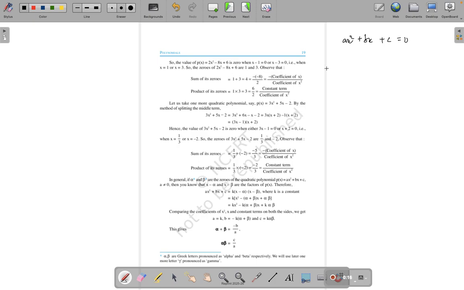So the sum of its zeros is minus b, where the coefficient of x is b, upon the coefficient of x square, which is a. So sometimes you have to write it in terms of coefficients.